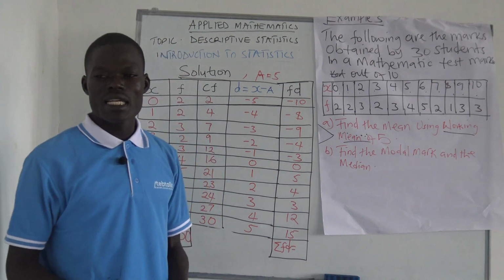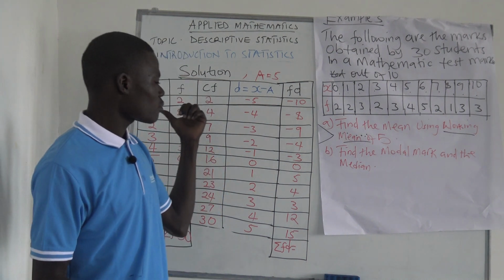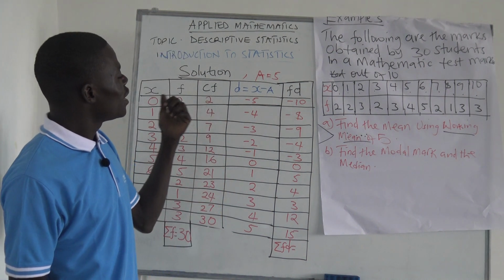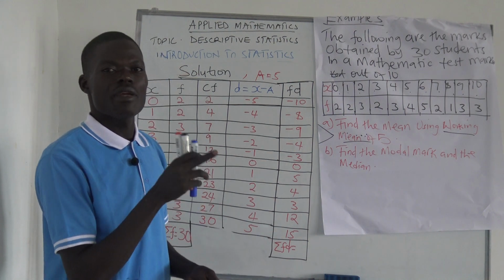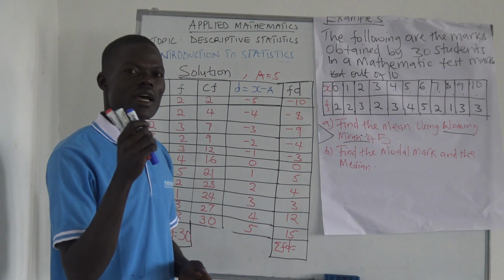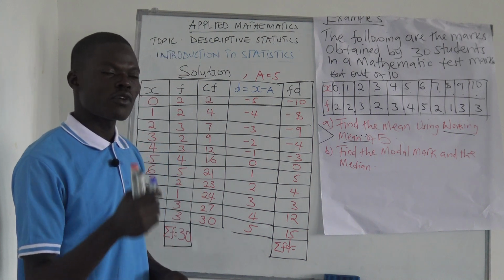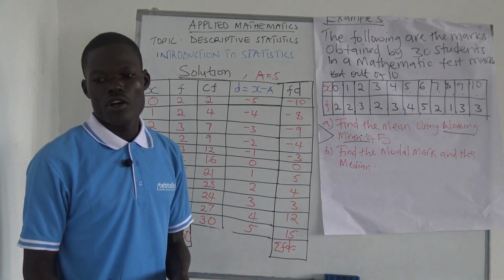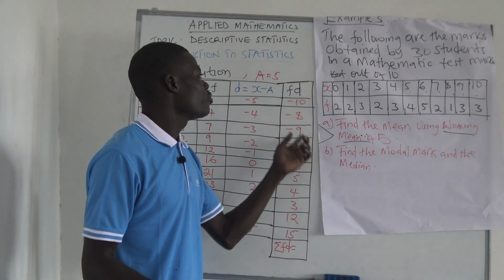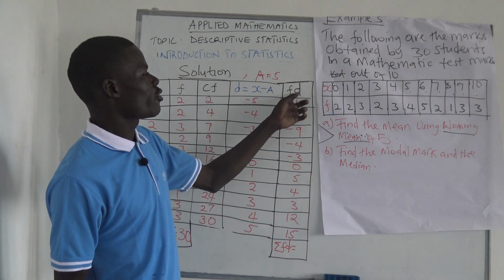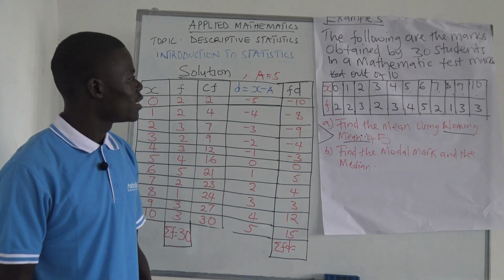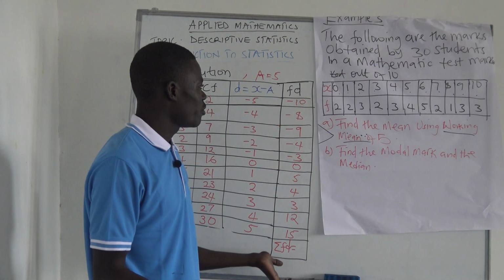Then you should immediately switch to the other formula for mean: assumed mean plus summation of fd out of summation of f. So instead of having an fx column, you will have a column for fd. That's the only simple thing you need to do.